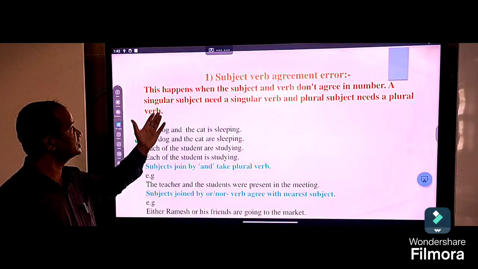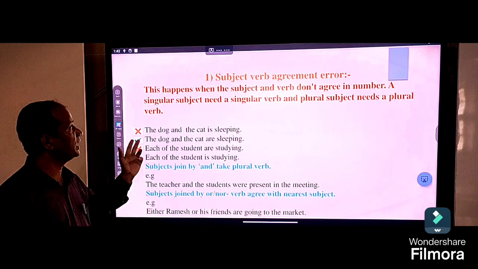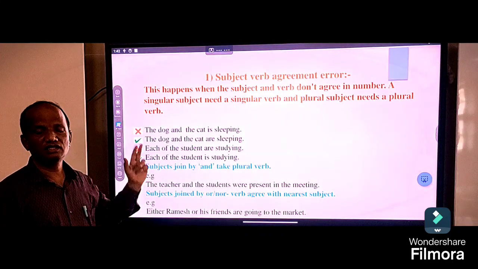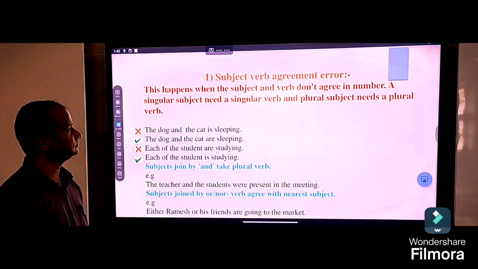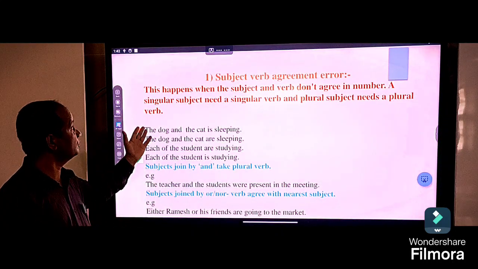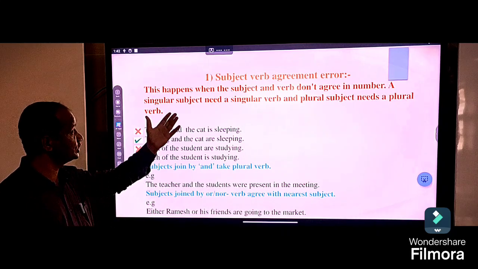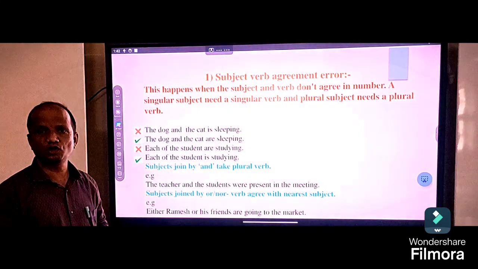This happens when the subject and verb don't agree in number. My dear friends, subject verb agreement error occurs when the subject and verb don't agree in number. That is, a singular subject needs a singular verb, and a plural subject needs a plural verb.